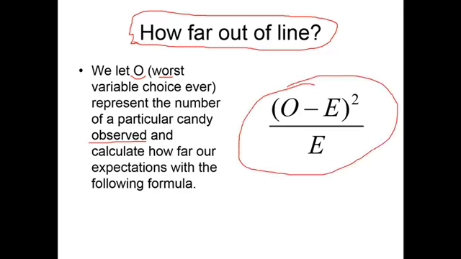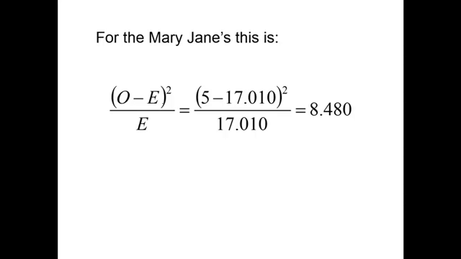This is the formula: the observed amount minus the expected amount, quantity squared, divided by the expected. So the Mary Janes, the 5 were consumed. We expected 17 to be consumed. We do the subtraction and square it, and then we divide by 17.05.